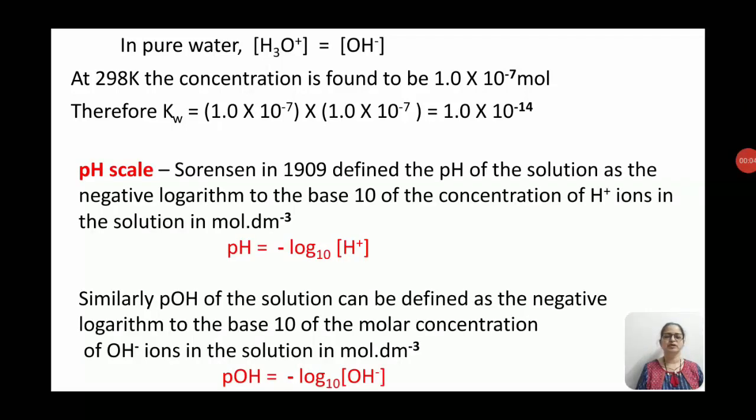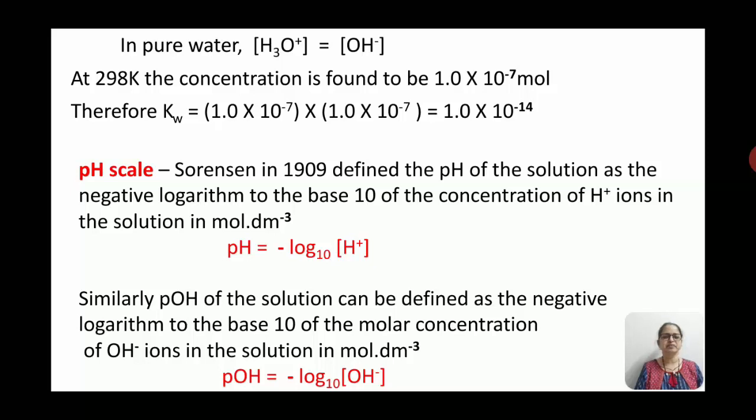Now, we are going to learn about the pH scale. First of all, we will try to learn the meaning of pH. The meaning of pH is potence of hydrogen. That means it gives us an idea regarding the H plus ion concentration. The concept of pH was first introduced by Sorensen in 1909.